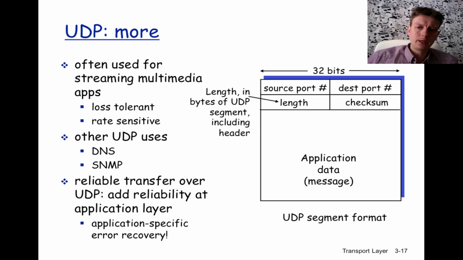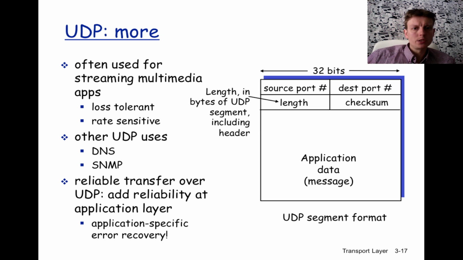Recall that in the Internet architecture we have two transport layer protocols, UDP and TCP. Why do we have two different protocols? Well, it is simple. We have different applications which place different requirements on the way the data is delivered through the network.